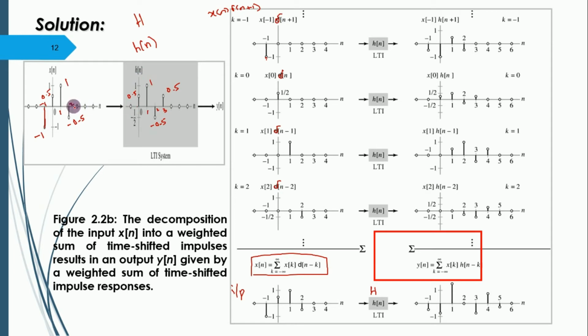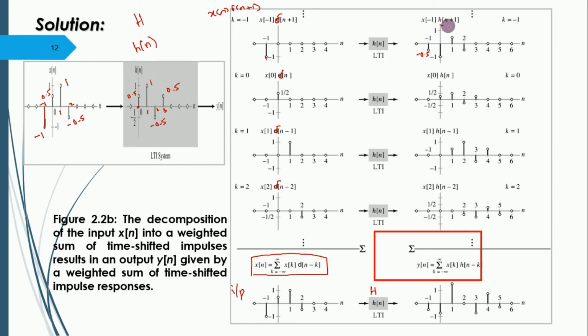If I multiply minus 1 of x of n, whatever sample I have extracted, with h of n, what all things do I get? Minus 1 into 0.5 will give minus 0.5. But you can see that I am not writing it at 0. I am writing it at minus 1. Why?